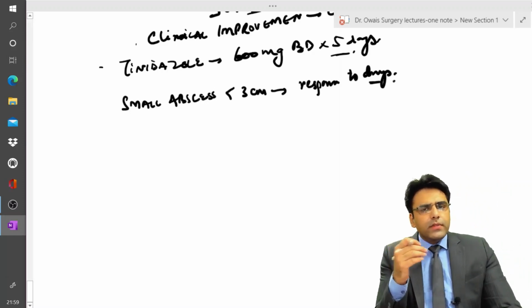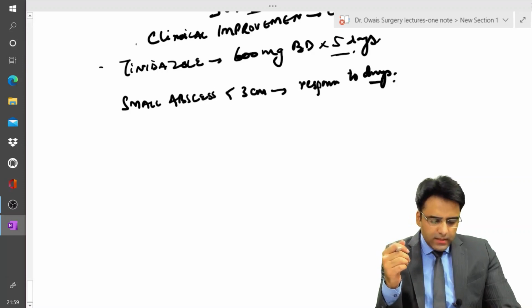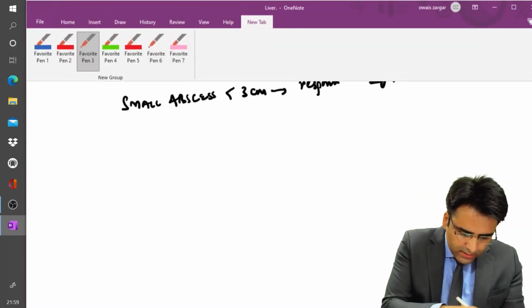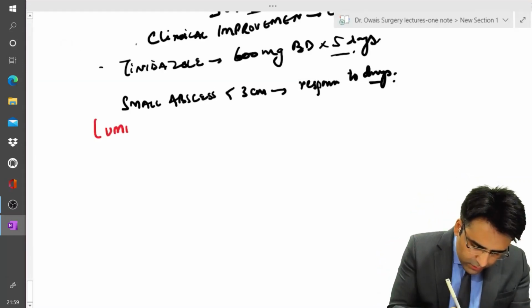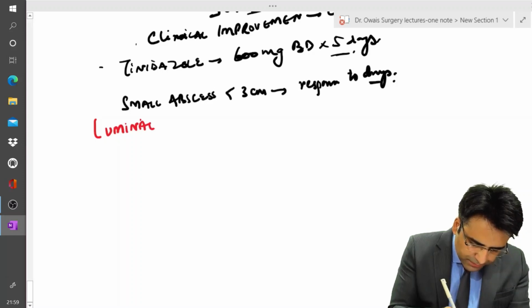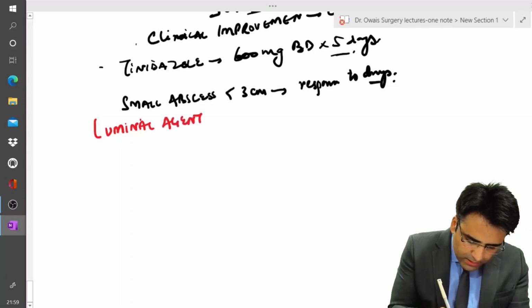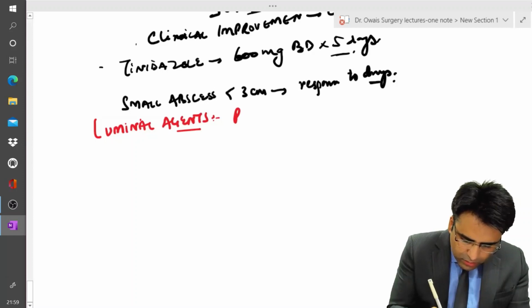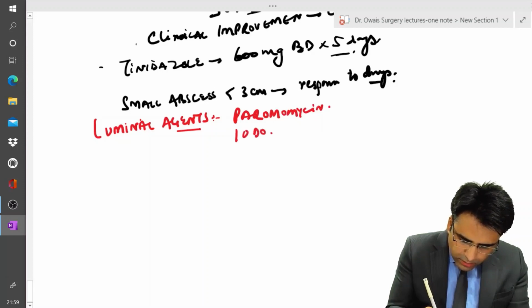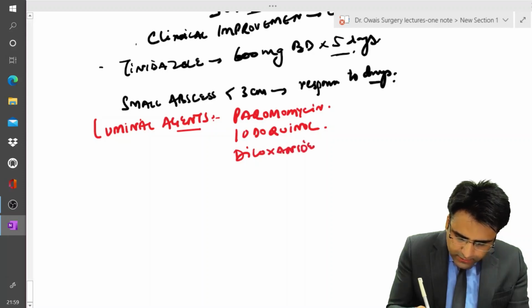Now we have certain luminal agents. What are these luminal agents? Have a look. These luminal agents include paromomycin, then iodoquinol, and diloxanide furoate.